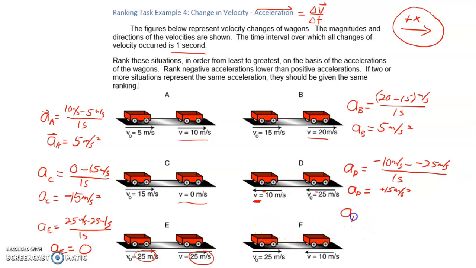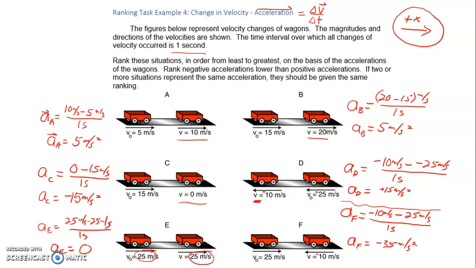And then last is the acceleration for F. So the final velocity here is, look at this one, it's to the left, which means it has what sign? That's right, negative. 10 meters per second minus positive 25, divided by 1 second. And so the acceleration for F is negative 35 meters per second squared.